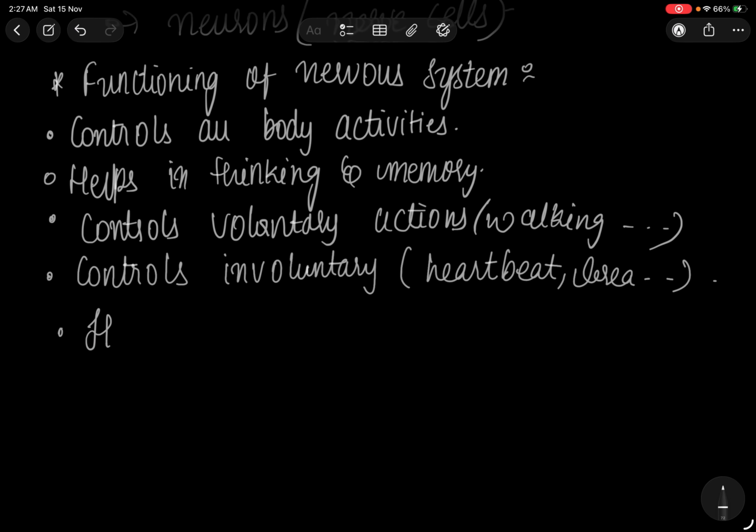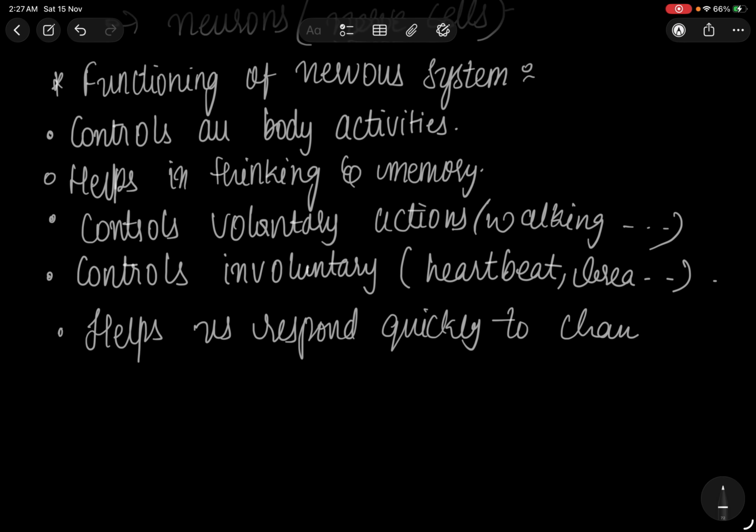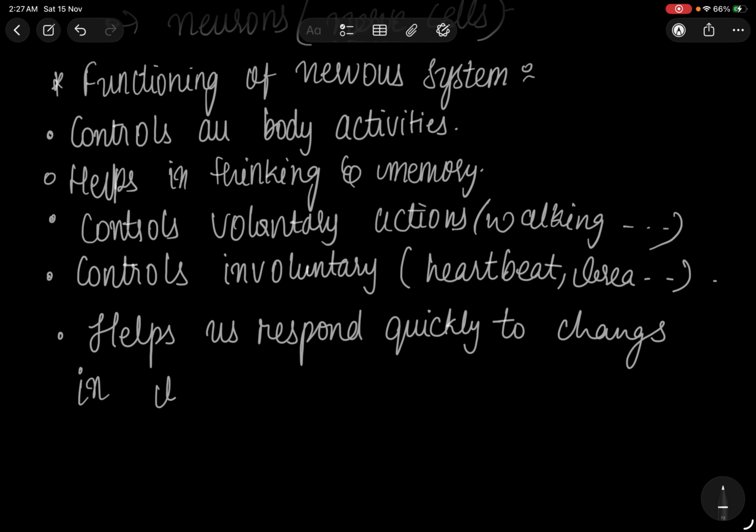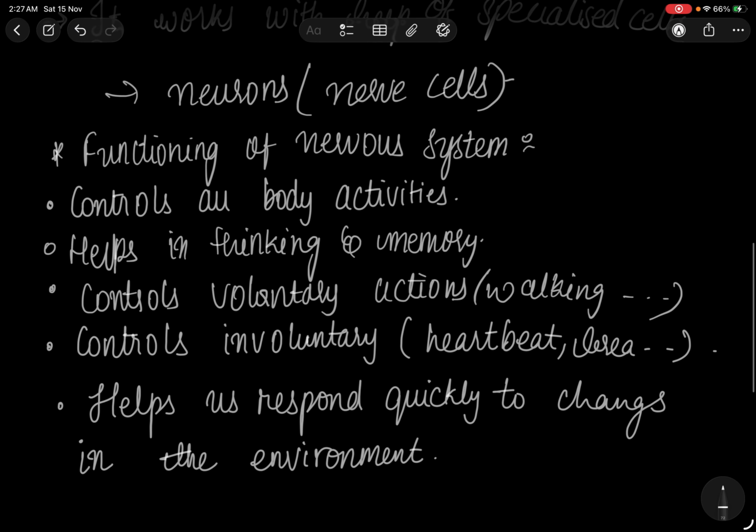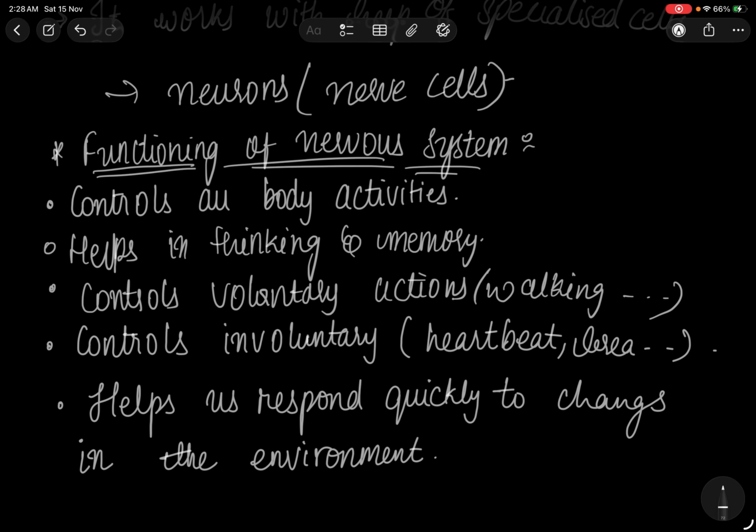And also it helps us respond quickly to changes in the environment. Okay, so these are the functioning of the nervous system.